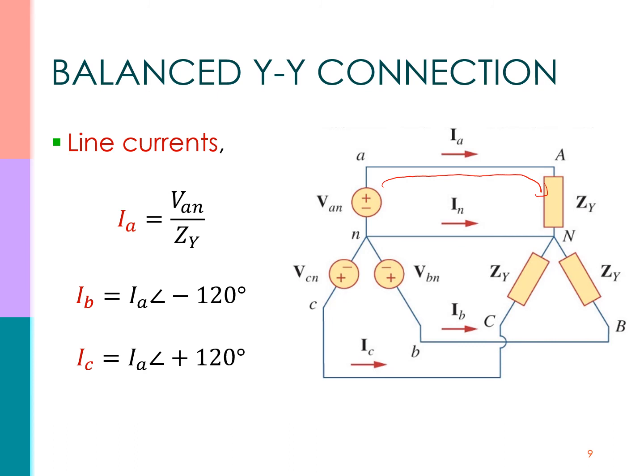So the line current is equal to the phase voltage over the load impedance Z Y. Similarly for IB and IC, the magnitude of IB and IC is equal to IA, but the angle is minus 120 degrees for IB and plus 120 degrees for IC.